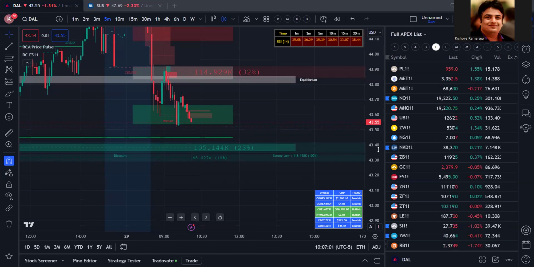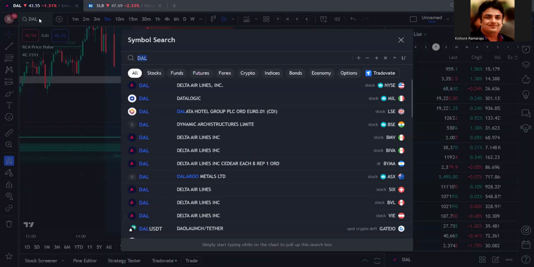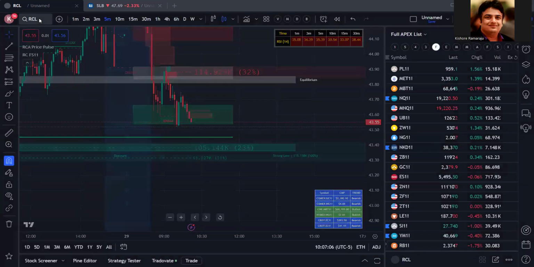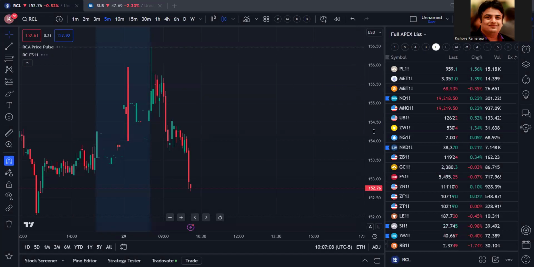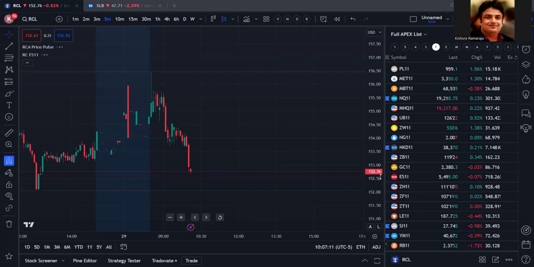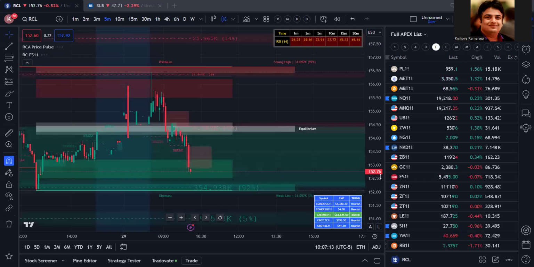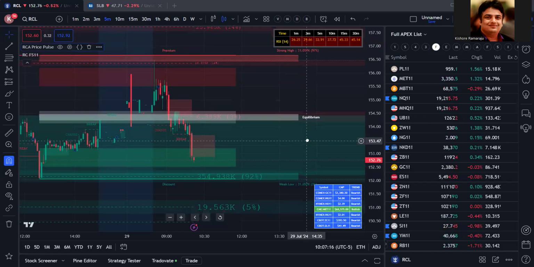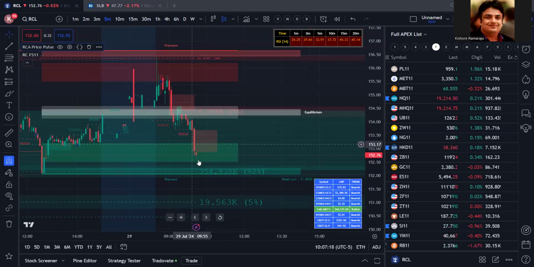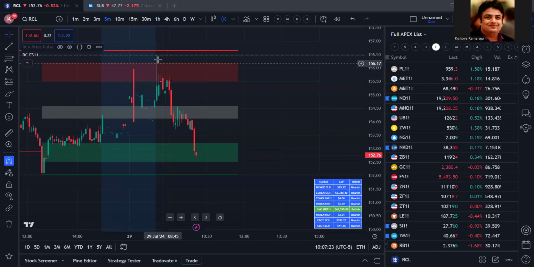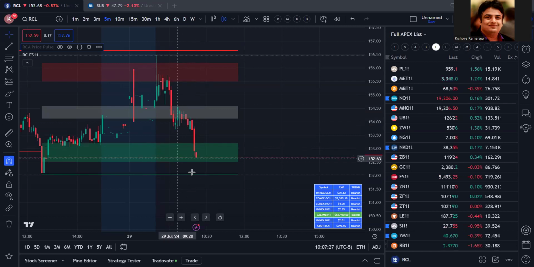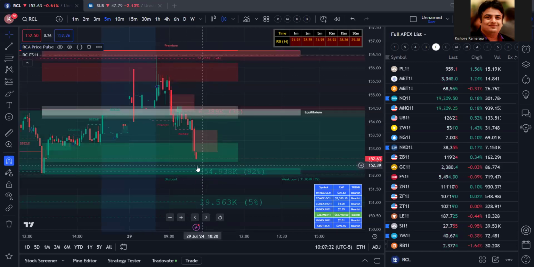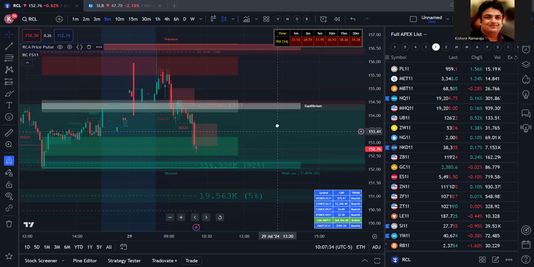Then let us look at RCL. RCL is looking like a better opportunity because again it also went to 156.5, came to the bottom, touched the discount area, and you have a huge buy order block, nearly 355,000 buy order block here.